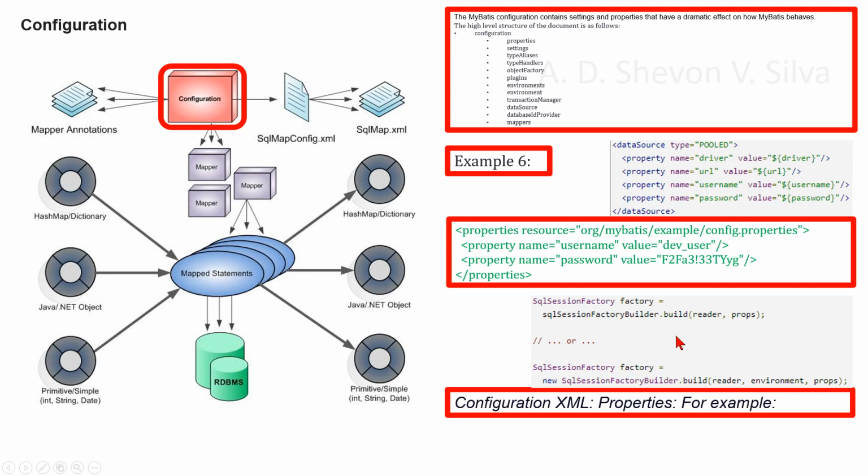If a property exists in more than one of these places, MyBatis loads them in the following order. Properties specified in the body of the properties element are read first.